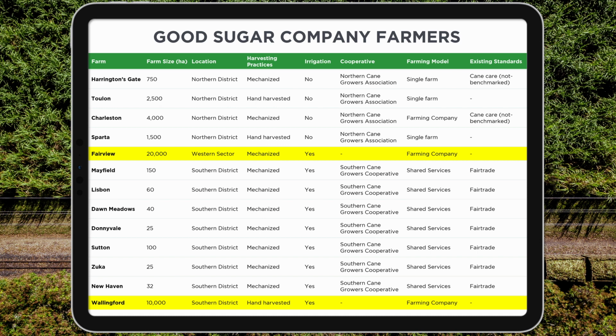Perhaps my most appropriate approach with these farms is to rather use a standalone farm approach, because their needs in terms of a continuous improvement plan are likely to be very different from my first group of farmers who use a variety of different harvesting practices but are smaller and are mostly single farms. They are also based in different locations, and so perhaps the way that I deliver support to those farms is very different from my farming companies.